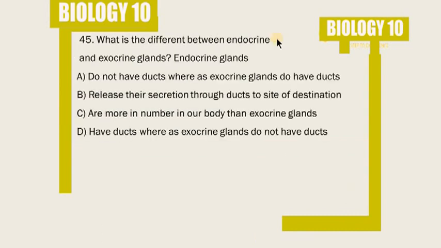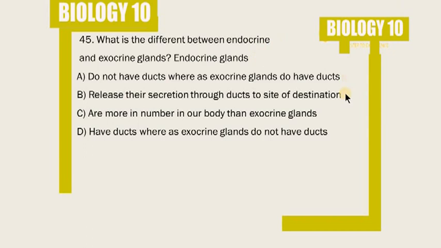Question 45. What is the difference between endocrine and exocrine glands? Endocrine glands, A. Do not have ducts, where exocrine glands do have ducts.